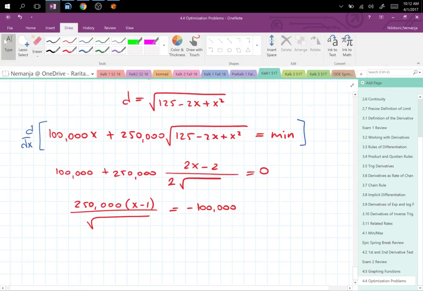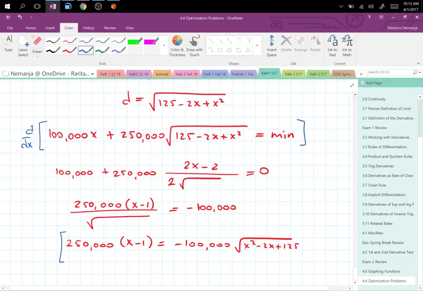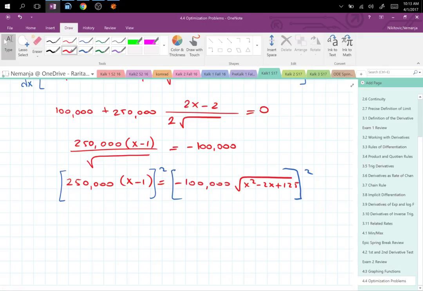And now what I'm going to do is move the square root to the right and then square both sides. So I have 250,000 times x minus 1 is equal to negative 100,000 times the square root of x squared minus 2x plus 125. And I will square both sides. So there is a square on this side, square on this side, and that kills the negative.